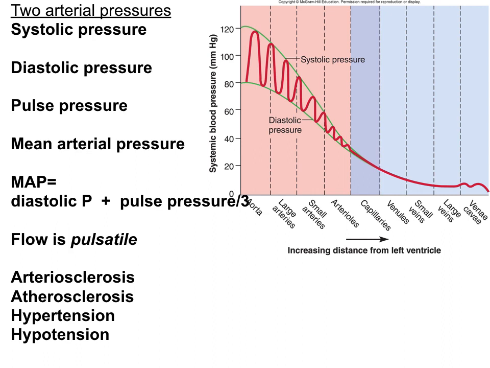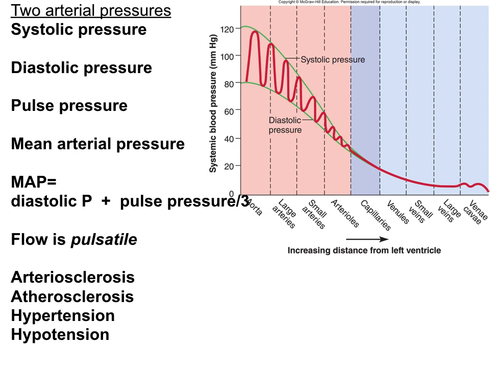Now, have you noticed that as I've been talking about pressure, I've been using one number? Like the arterial blood pressure gradient was 100 millimeters of mercury, and it declines to 30 millimeters of mercury. The 100 millimeters of mercury is the mean arterial pressure in your aorta.